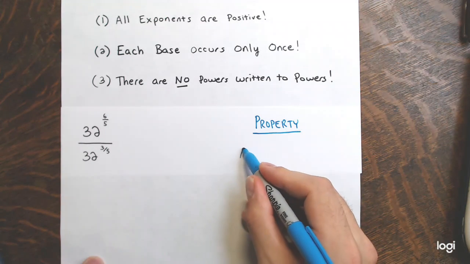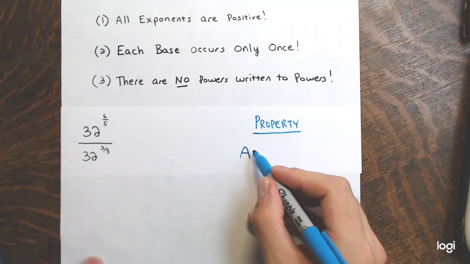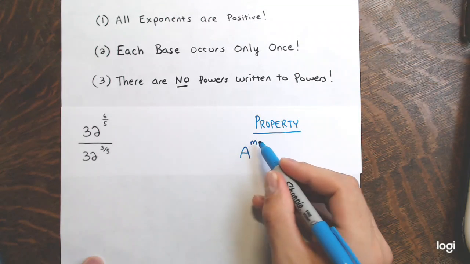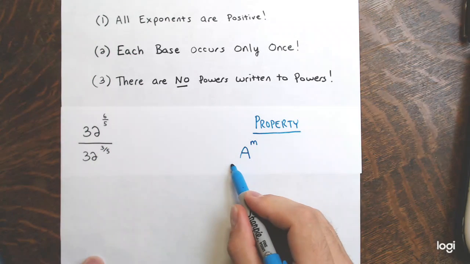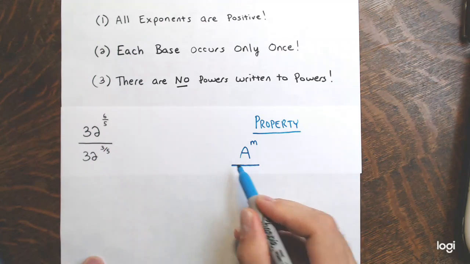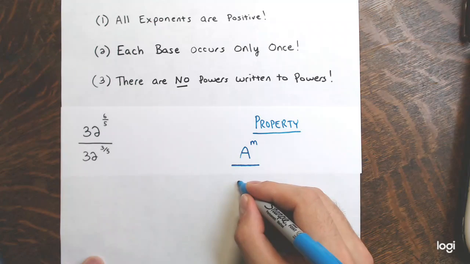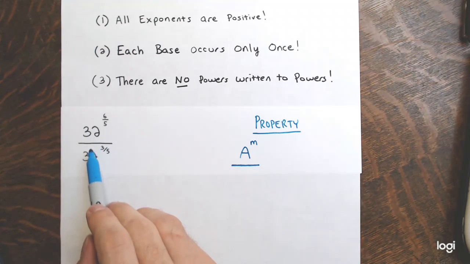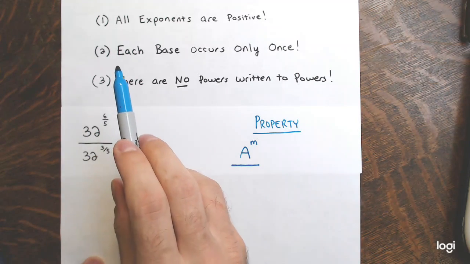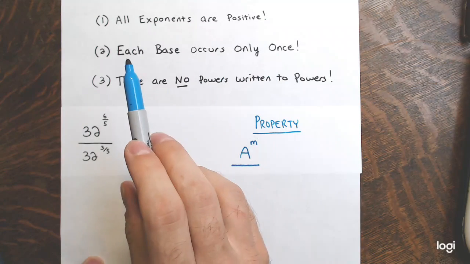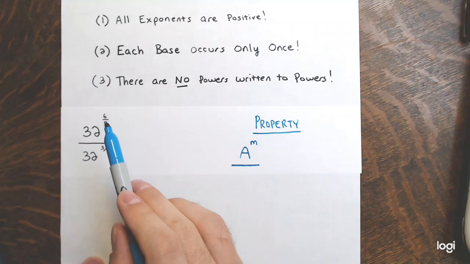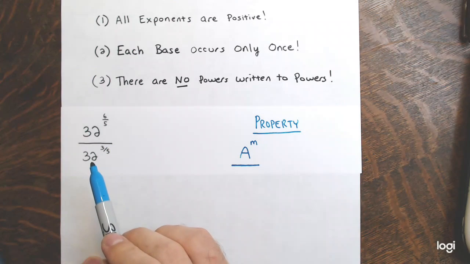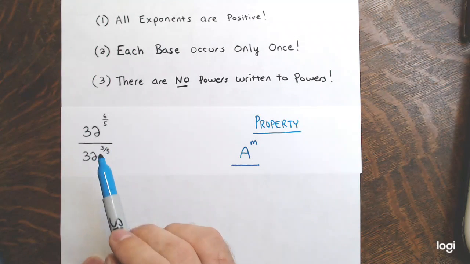If I take a number, say a again, raised to the mth power, and now this time there's division, there's a fraction, divided by that same number, notice it's the same base twice. When each base occurs only once, that's not happening here. I've got a base of 32 on this exponent, and then a base of 32 again on this exponent.